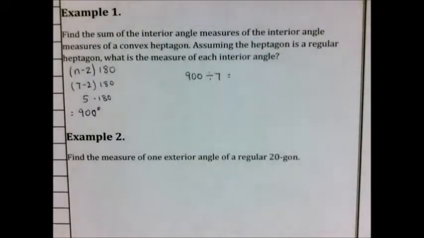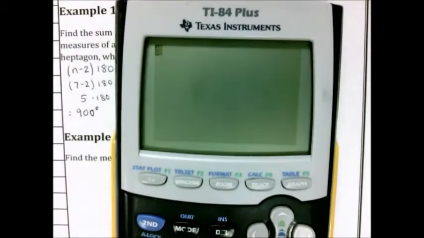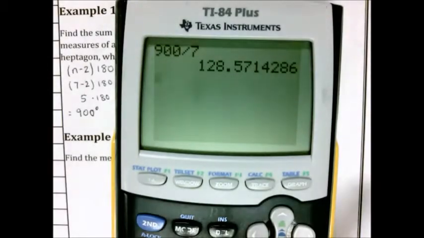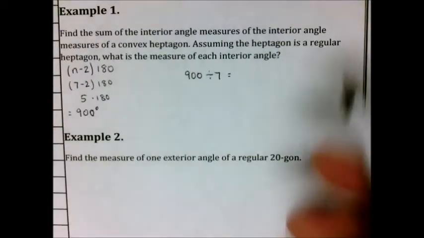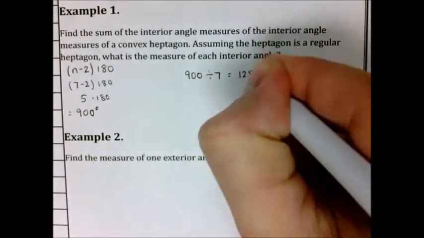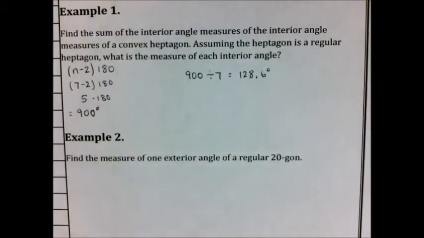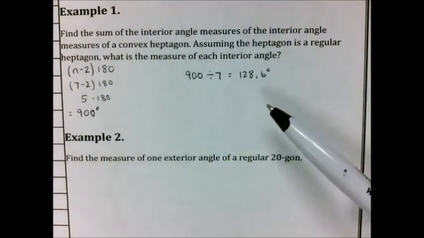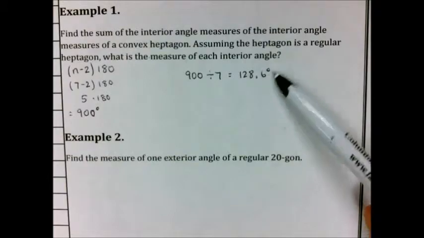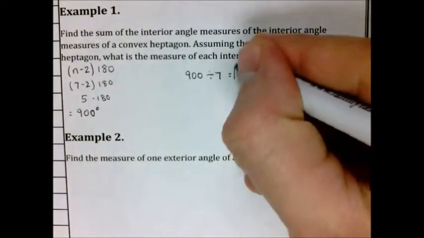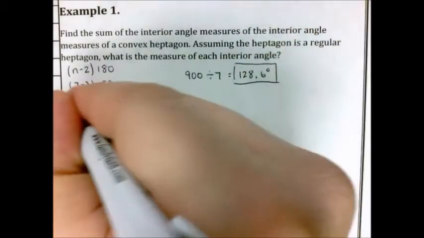If you get your calculator out, 900 divided by 7, we get 128. We're going to round to the nearest tenth here, 128.6. So each one of those interior angles in a regular heptagon is going to be 128.6 degrees.